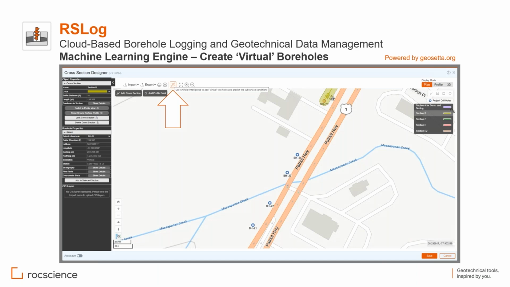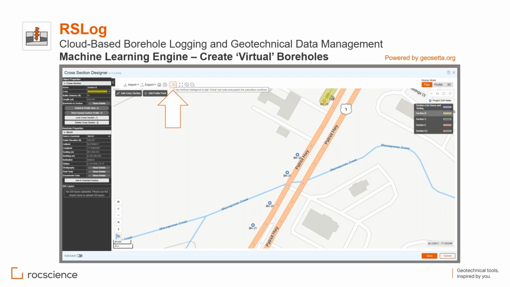Okay, so now another thing to mention here is that we have coupled a machine learning engine with our cross-section designer. So powered by geozeta.org, they collect public borehole data. As far as I know, more than 200,000 public boreholes in the US are collected from different DOTs.